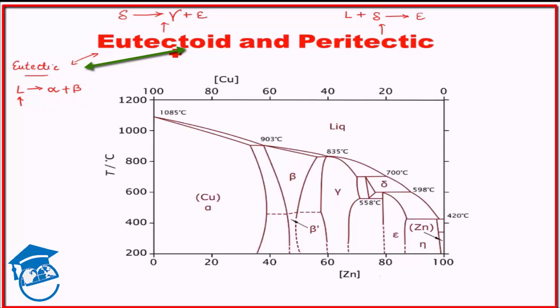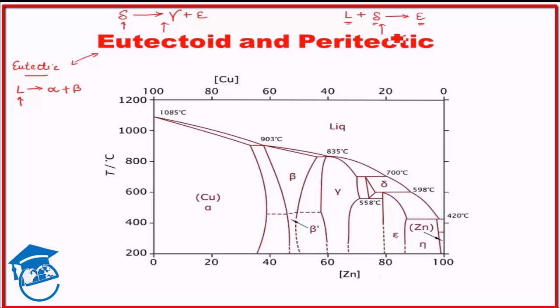Whereas in eutectoid, the reactant is also in the solid phase, and similar to the eutectic reaction, it is giving rise to two solids. So basically the only difference is that in eutectic the reactant was liquid, in eutectoid the reactant is solid. Whereas in the peritectic reaction, a liquid and a solid combine to give a different solid phase altogether.